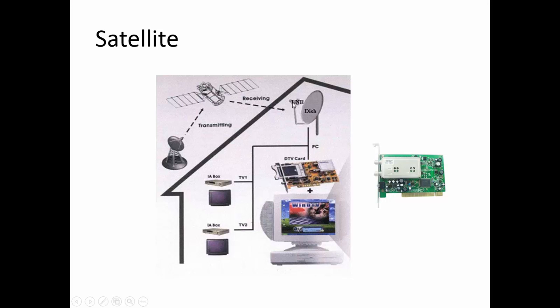To use satellite, the satellite dish goes on your roof and connects to the satellite, and then the satellite dish can connect to your TV, or the coaxial connector can connect to your computer. You get a network interface card that plugs into the motherboard of your computer, and the coaxial cable plugs into the cable which goes into the satellite dish. Satellite is great when you need internet connectivity in remote areas.